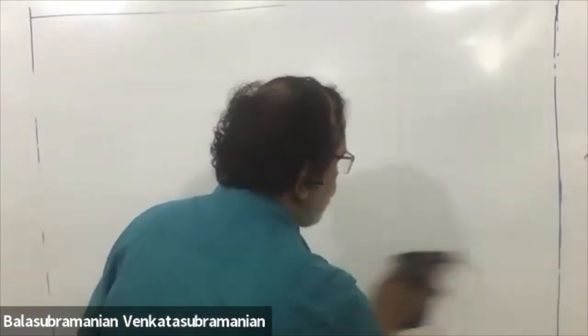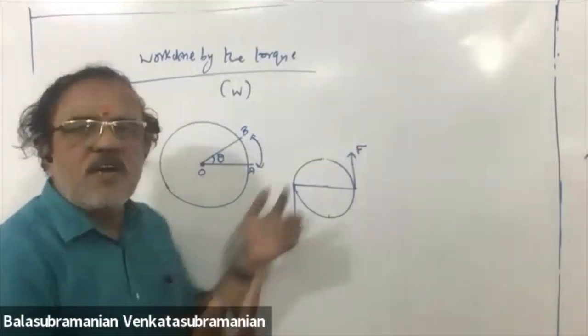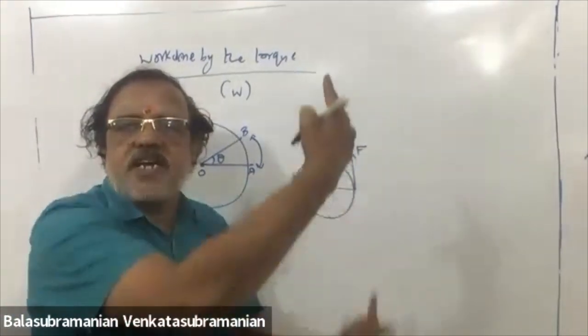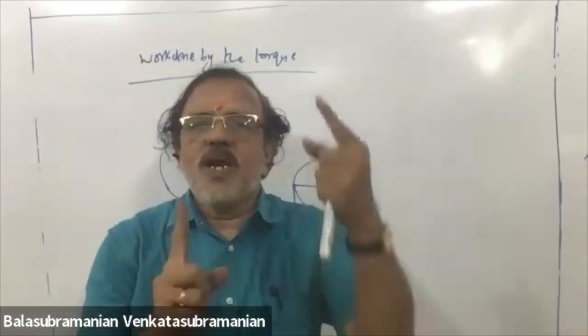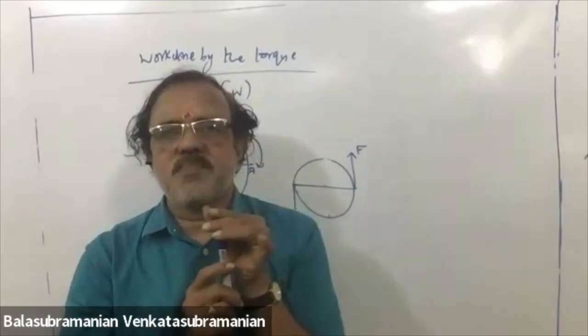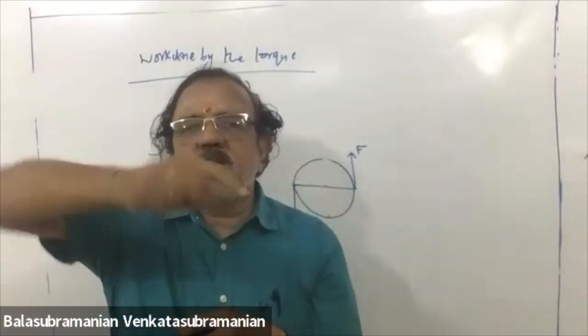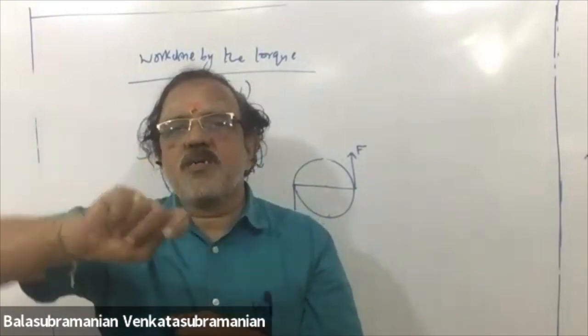Work done by the torque. Here you are applying a force, and on the opposite side you are applying a force, and the body will try to rotate. Equal and opposite forces: opening and closing of a pen cap, tap opening and closing, opening and closing of a lock.